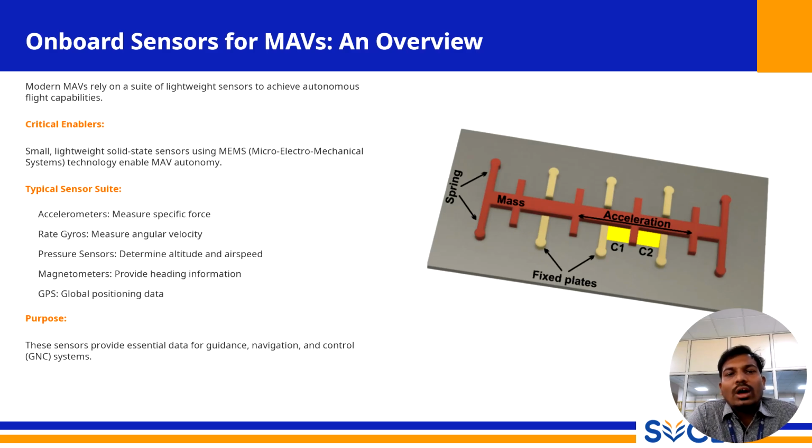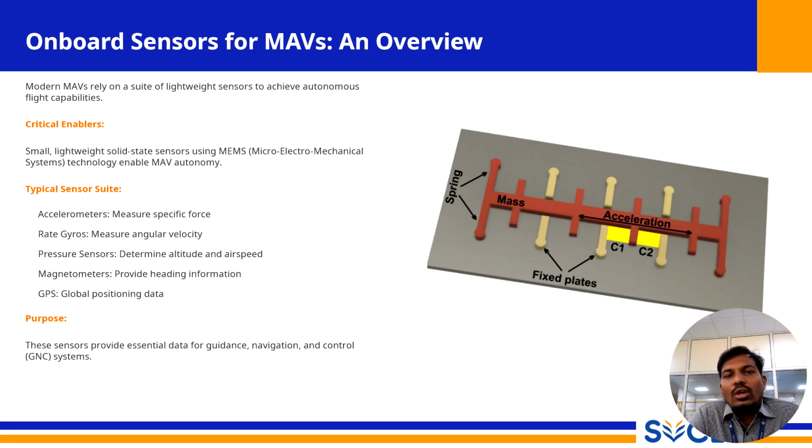The next are the gyros, which measure the angular velocity. This is the data that tells the autopilot how fast the drone is rolling, pitching, and yawing, and it is absolutely essential for the flight stability loop that keeps the drone level.